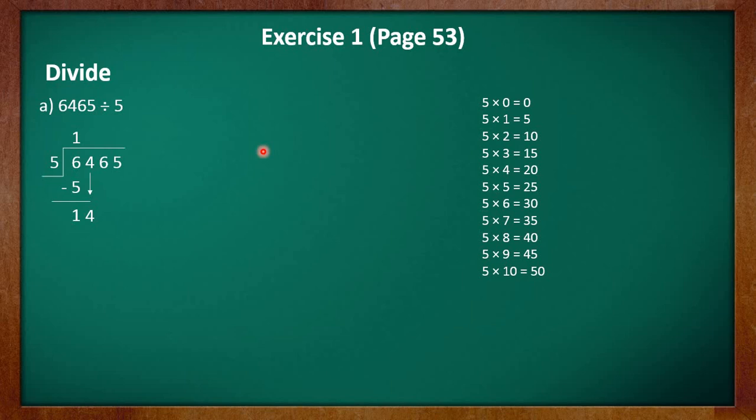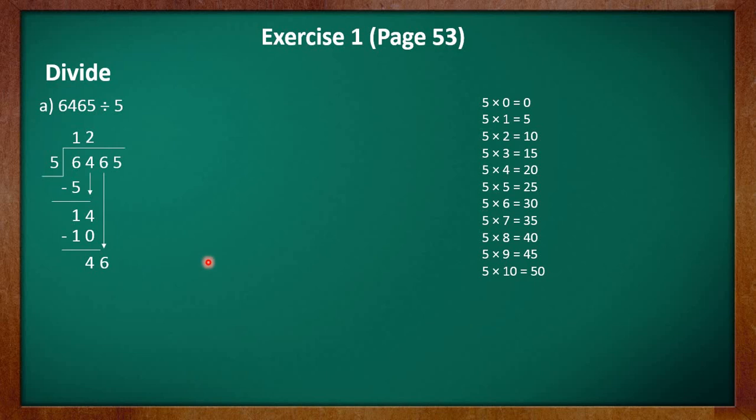So we will write 2 as quotient here, and we will write 10 under 14 and we will subtract. So 14 minus 10 will give you 4, and now we will look for the next digit, which is 6, and we will bring down 6 here. So the number now becomes 46.